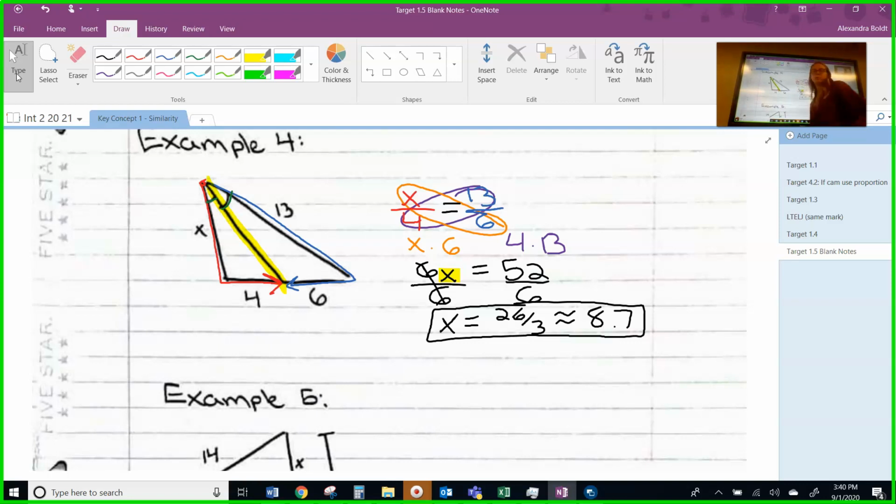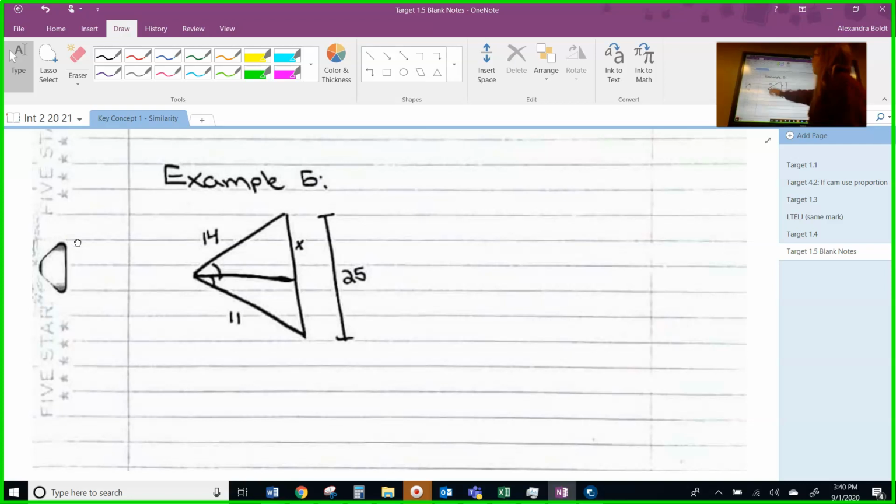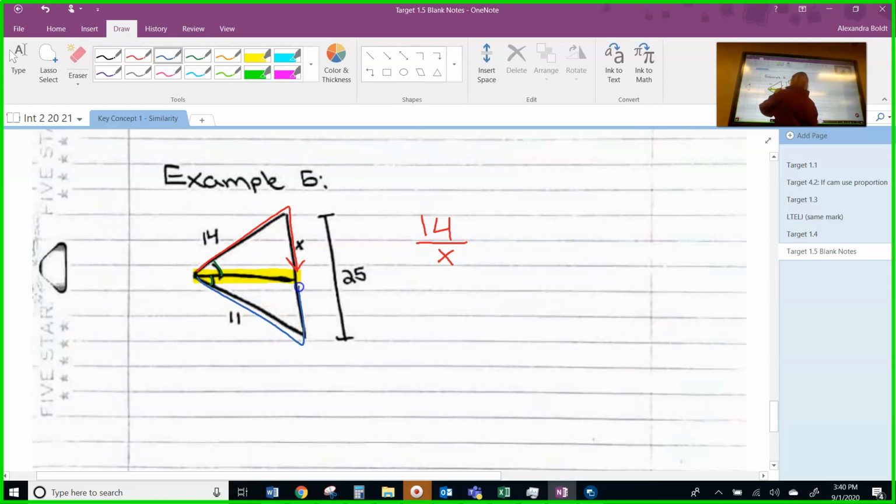One more example. So again, here are my congruent angles. So this line's splitting it. So I can start here. And I have a 14, then an x. And then I have my other side.